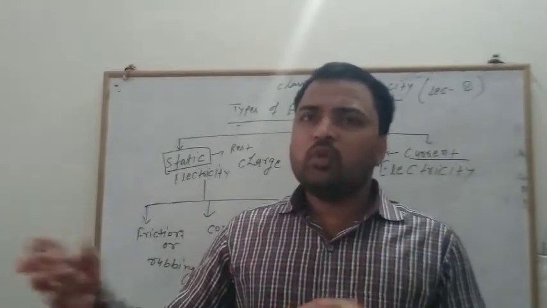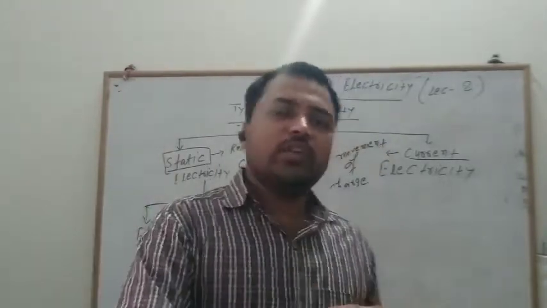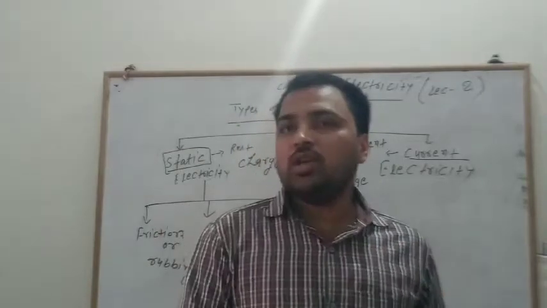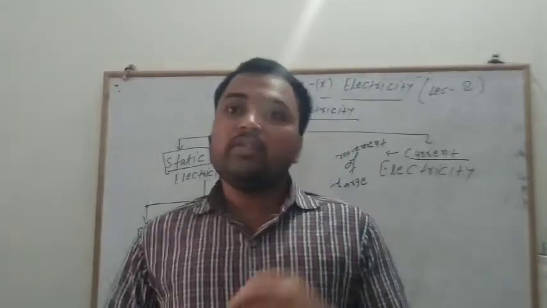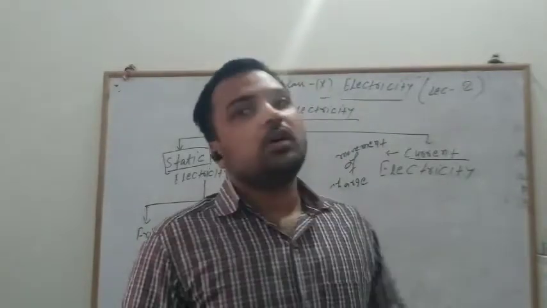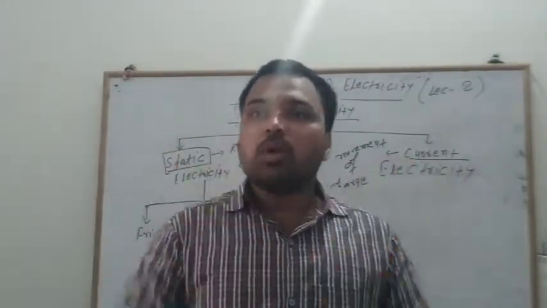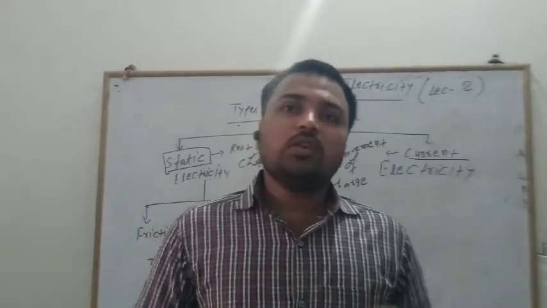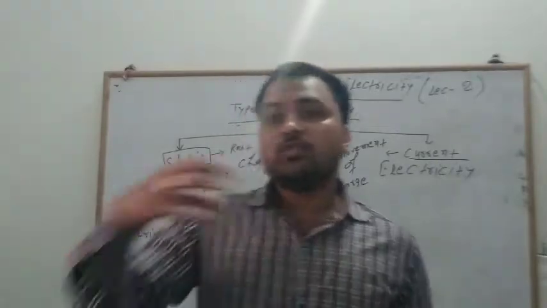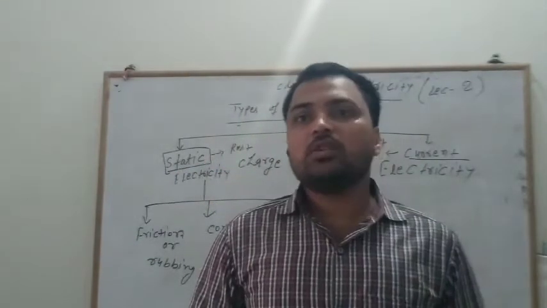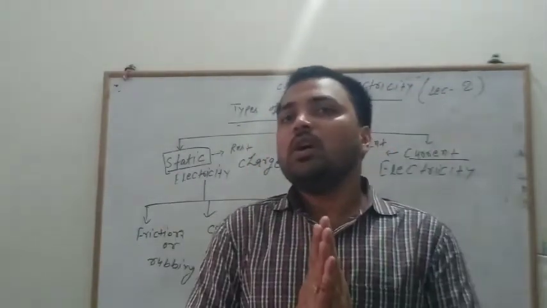So when one charged body comes closer to any neutral body or isolated body, then due to the influence of that charged body, there is some imbalance of charges within the body, within the system. Okay, so in the case of conduction and induction, there is an imbalance of charge within the body. There is no imbalance of charge on the surface of the body.